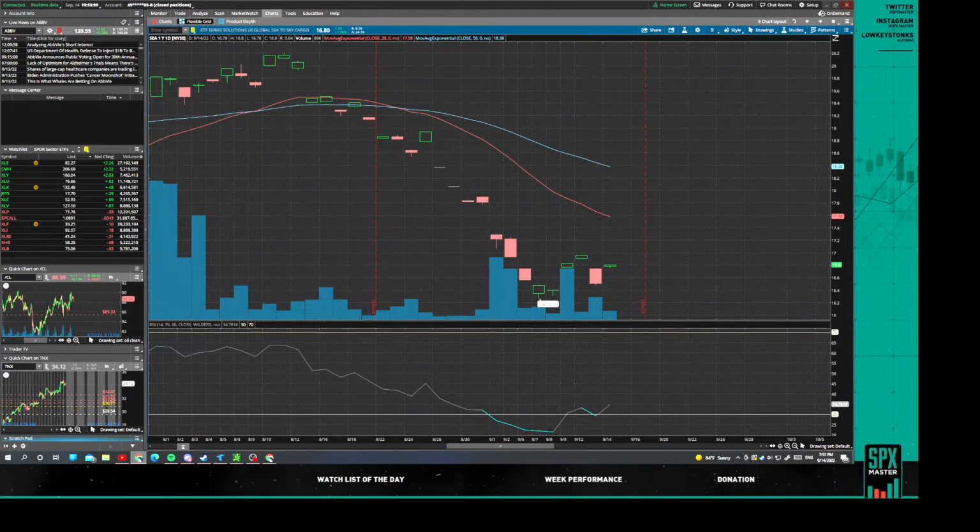So I'm looking at the holdings on this name right now. Give me 1 second. Looking at the holdings right now on this ETF. So I'm looking at the ZIM as actually part of this.